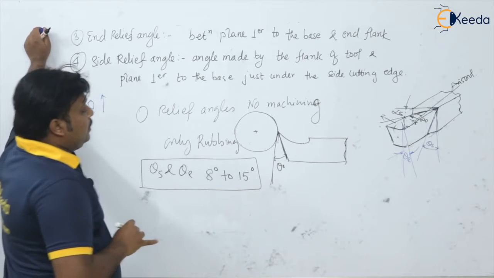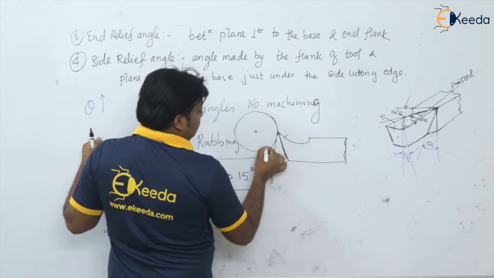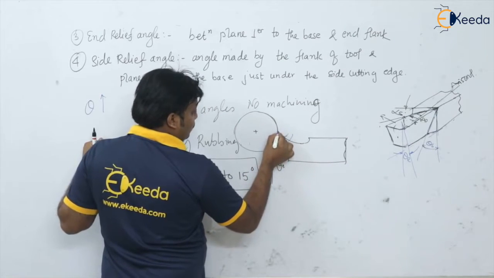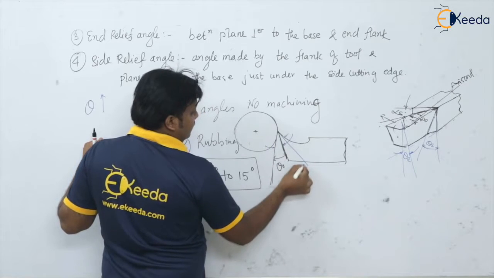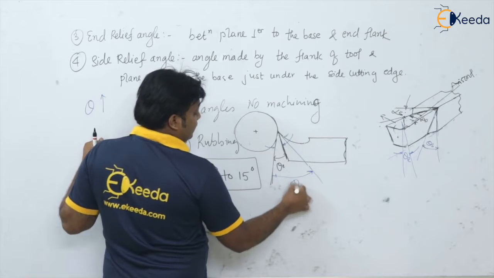Suppose initially we are having this relief angle, say theta. Now I am going to increase this. The blue color will show the increase. Now your tool is having this relief angle.